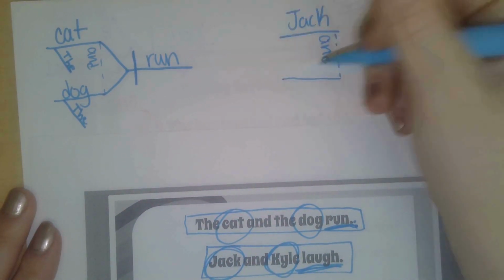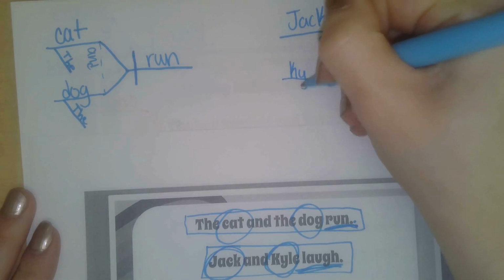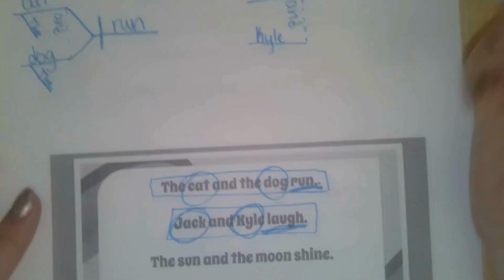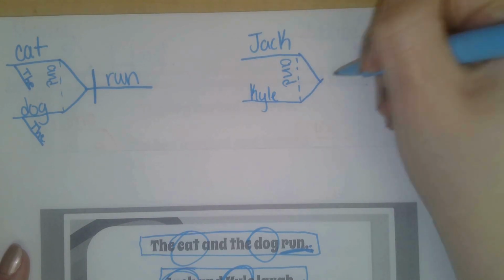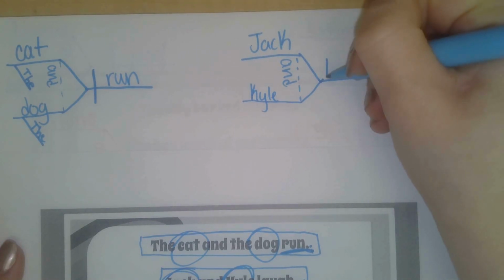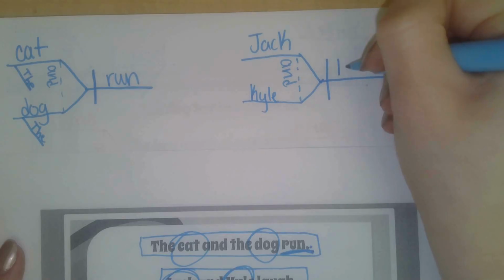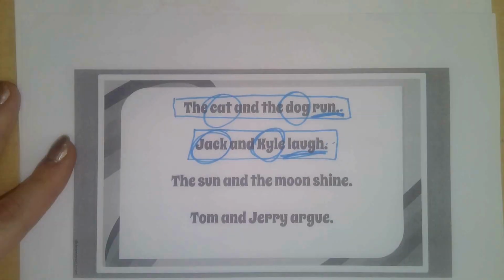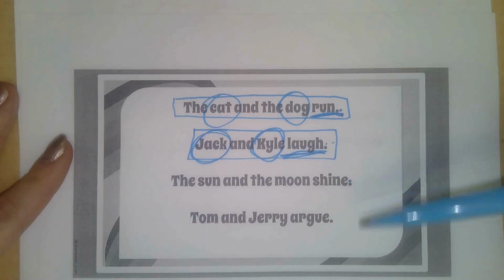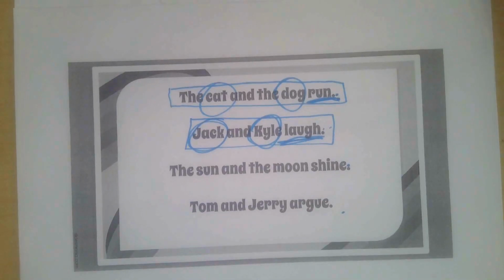And then we have our second subject, Kyle. Then we only have one verb, so we need to combine the line down to one horizontal line. Do our vertical line as always, and then put in our verb. Now I want you to do these two sentences on your own. Go ahead and pause.